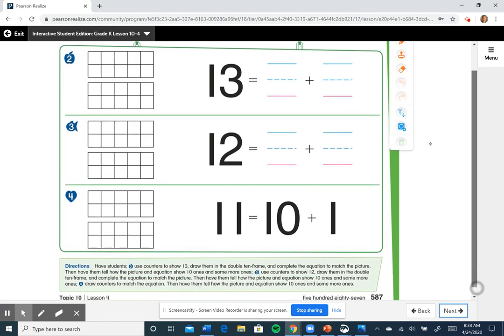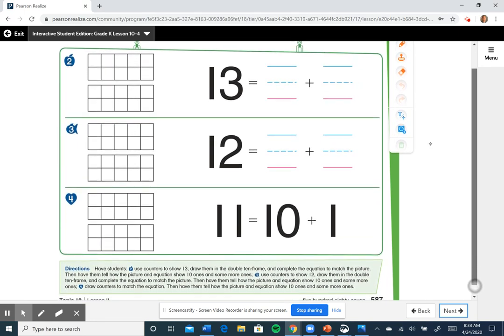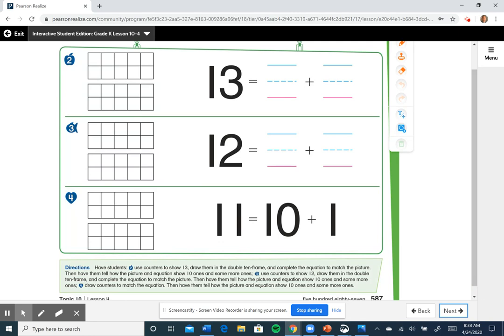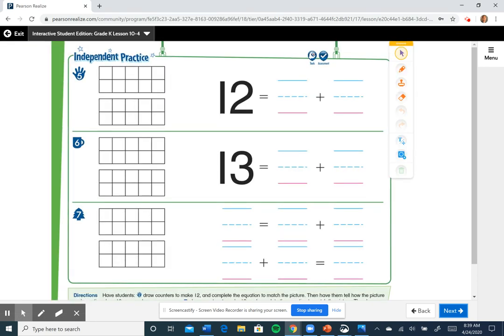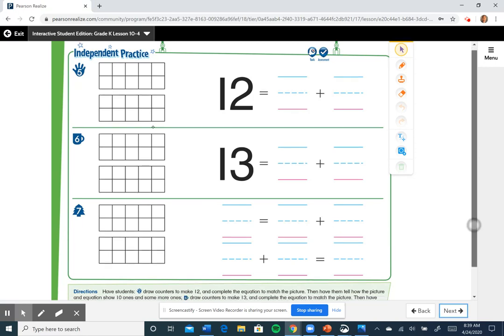Now you're going to do this page by yourself today, okay? You are going to show me how to draw 13 counters and 12 counters. Remember, the first 10 frame always has to be filled, okay? So it's going to be 10 plus what? 10 plus what? And then draw the counters. Same thing for this one. Draw counters to make 12, and then you need to complete each equation.